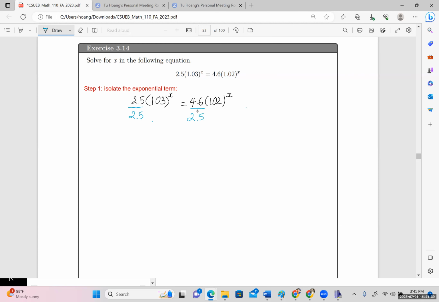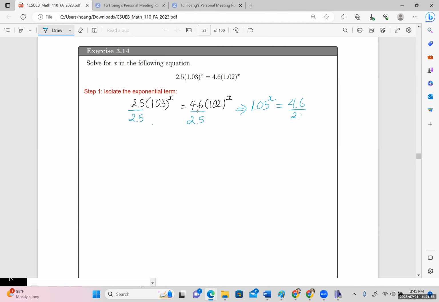You will have 1.03 to the x equal to 4.6 over 2.5 multiplied by 1.02 raised to x.